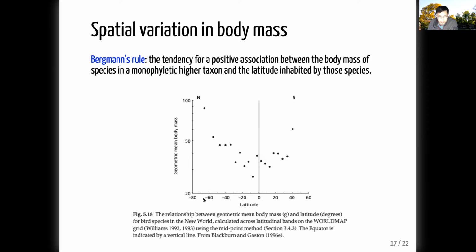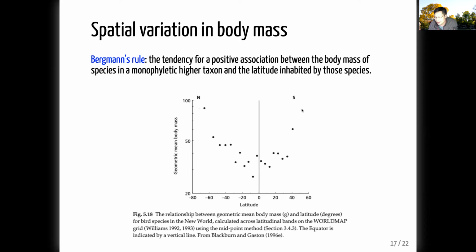Again, take bird species as an example, where the x-axis is latitude and the y-axis is the average body mass. We can see a U shape here, which means at tropic areas the body mass is smaller than species in high latitude areas.